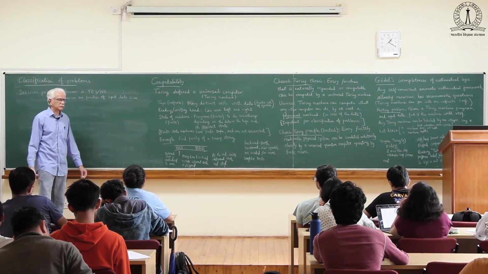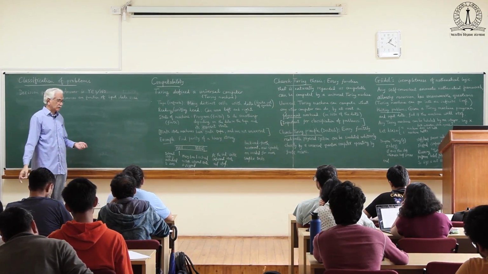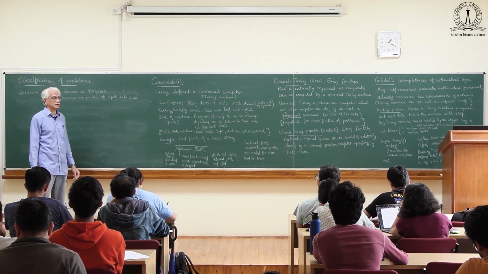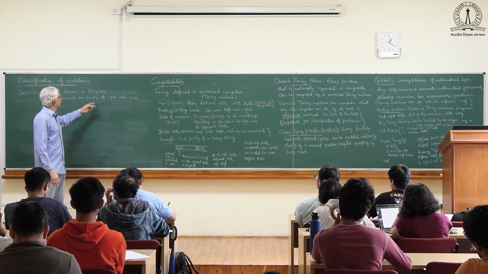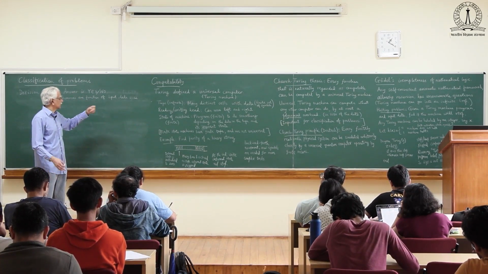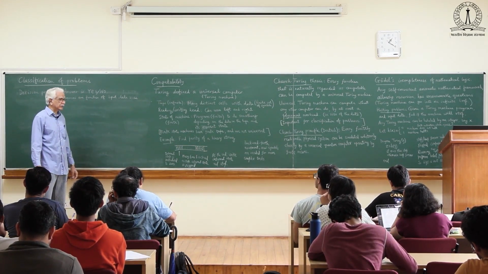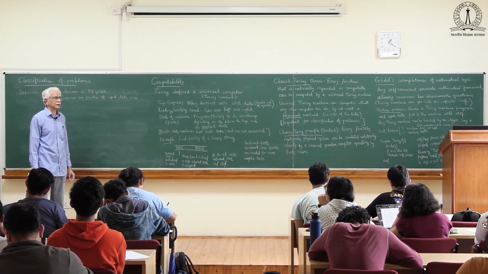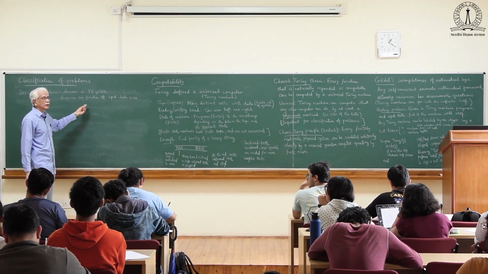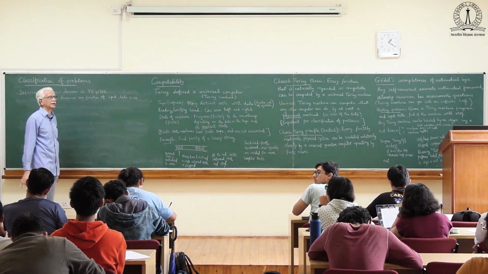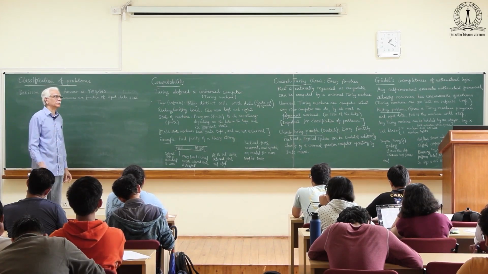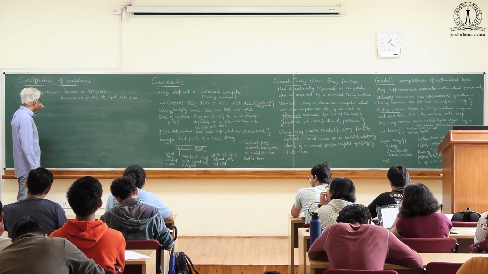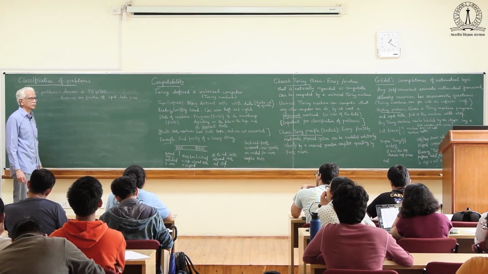What is the number of variables, how much memory I will need, etc. And depending on the problem, it will also say that if the input data is so large, how long will the computer run before it gives me an answer. But that is the only input available because I simplified the output. Output is only 1 bit. And any problems of this particular character are called decision problems.